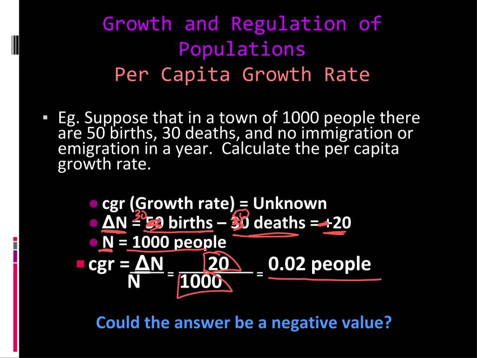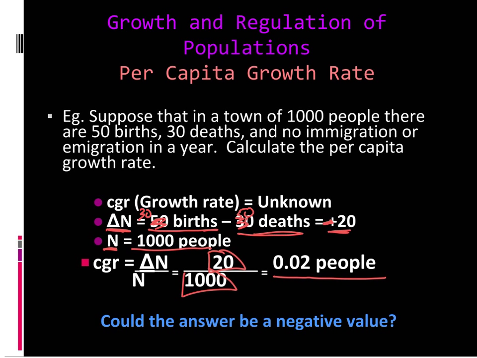Sorry, not negative people coming, but we've gone down by 20 people. So we have this value of negative 20, and we would get an answer of negative 0.2, which means our population is going down per capita by 0.2.